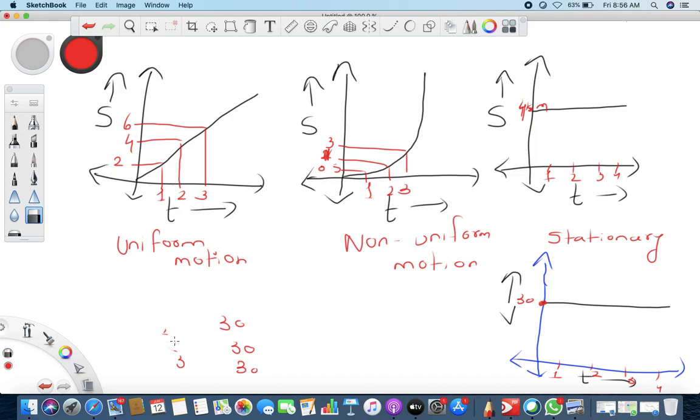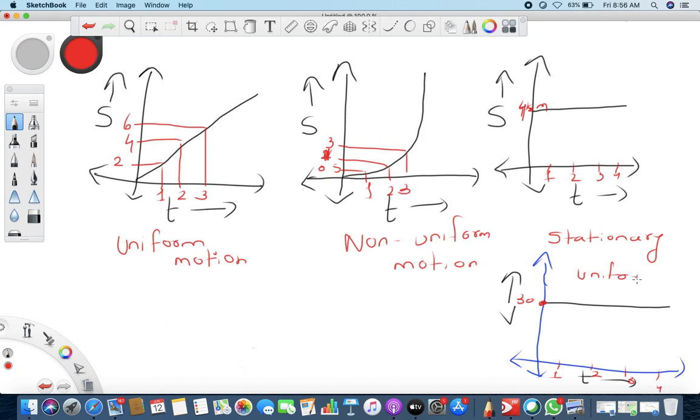So is it stationary? No, this is not stationary. Why is it not stationary? Because it is moving. What do you mean by velocity? Velocity means it is going. It is having velocity, which means it is not stationary. So this is uniform motion.